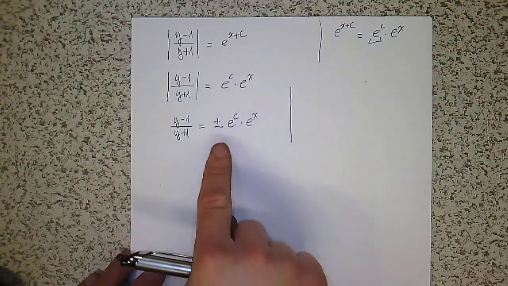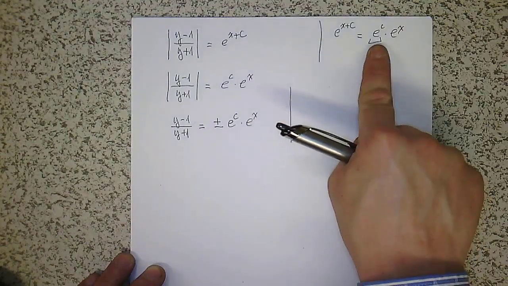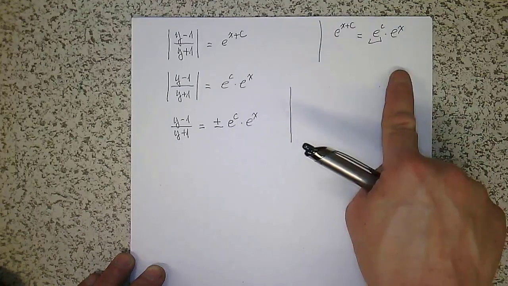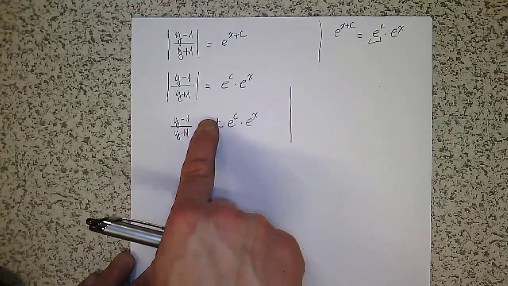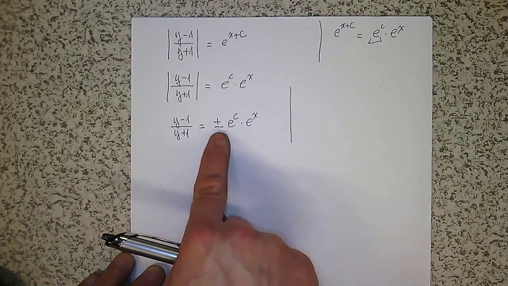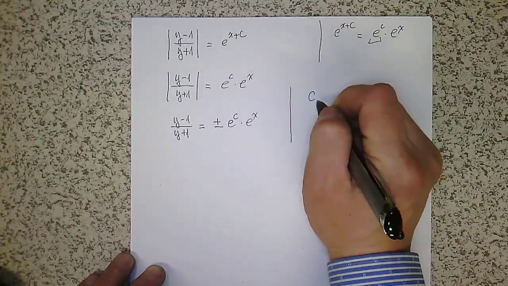Logically speaking, as I explained earlier, the e to the c itself is only a constant, a coefficient to the whole function here. Even if it's positive or negative, it's just another constant. So I have my reason to combine all of that.